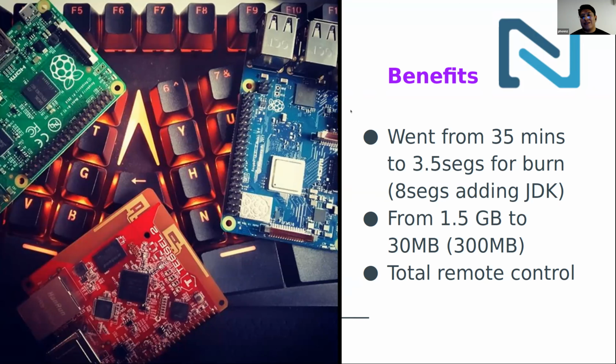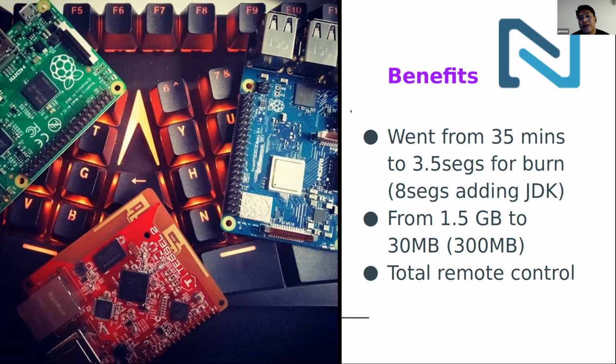Then we found a way to make it faster, 35 minutes. Now with Nerves, we just need 3 seconds to burn the SD card through fwup, the tool that I mentioned at the beginning.